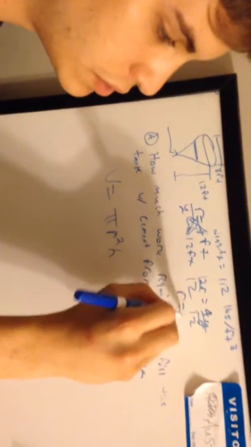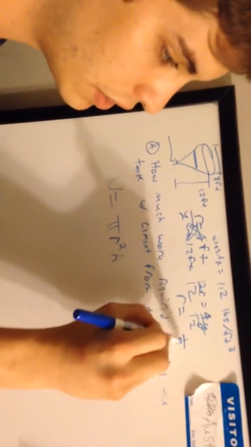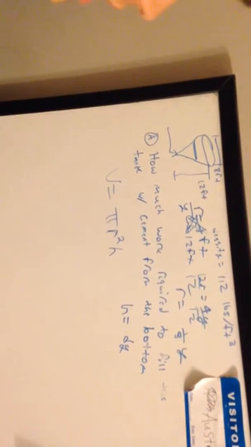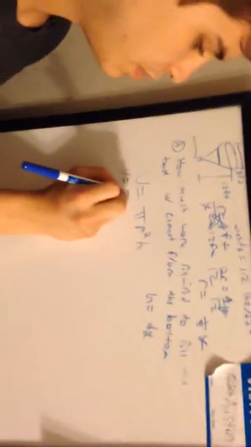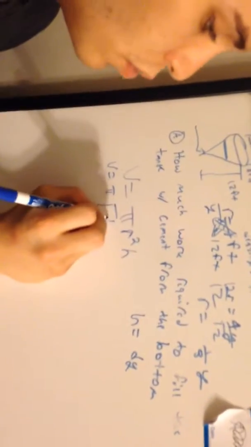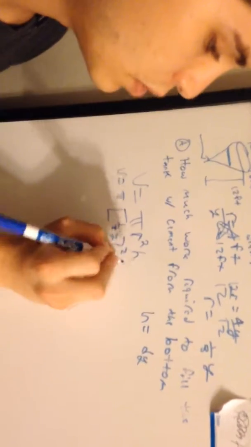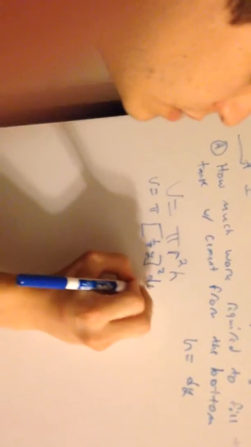So that simplifies to radius is 1/3 y. So now we can rewrite this. Volume is equal to pi times the radius squared, 1/3 y squared, times the height, which is dy.